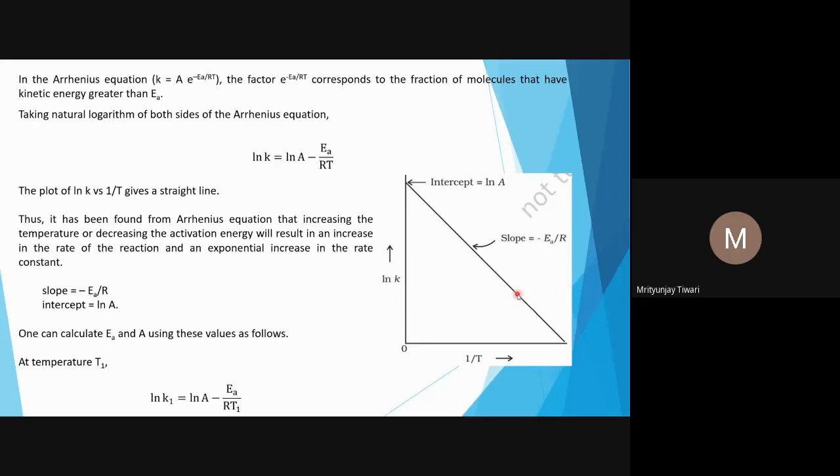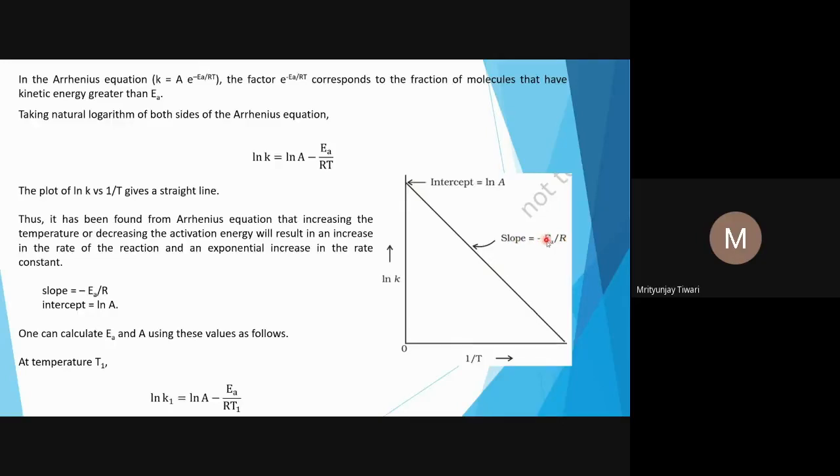It means that just by looking at different slopes, if the question asks in which case the activation energy will be highest, the one with the steepest slope will have the highest activation energy. The slope will be negative, so EA will be equal to minus slope into R. We know the value of R. The more the slope, the more the activation energy. Since we get a negative slope, minus minus will become positive, a certain value into R, and that positive value is the activation energy. So the numerical value of the slope is more, the activation energy is more.